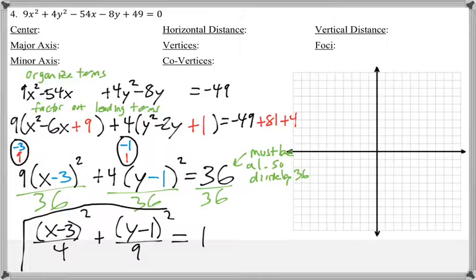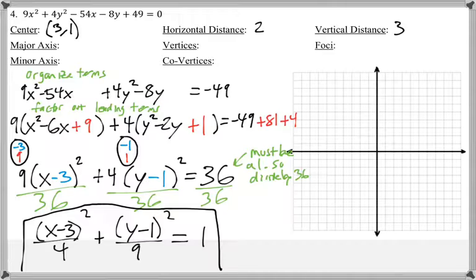Now it's in the form that we want. So now we can start reading our information from this. So the center will be 3, 1. The horizontal distance will be 2, and the vertical distance will be 3.